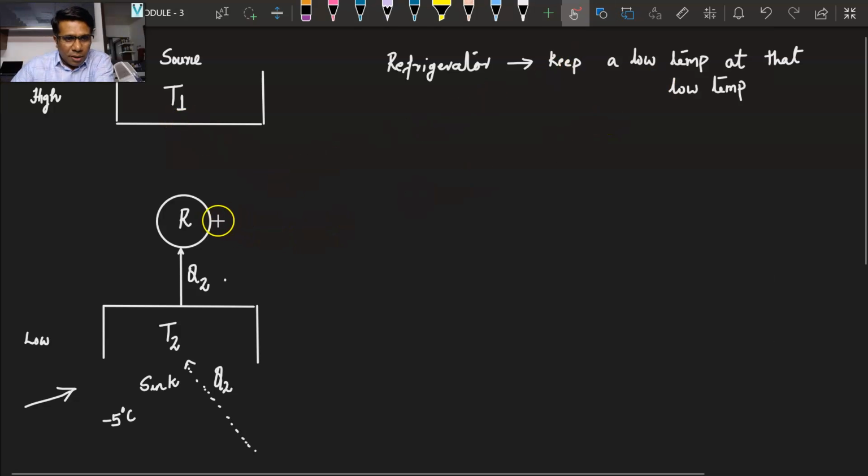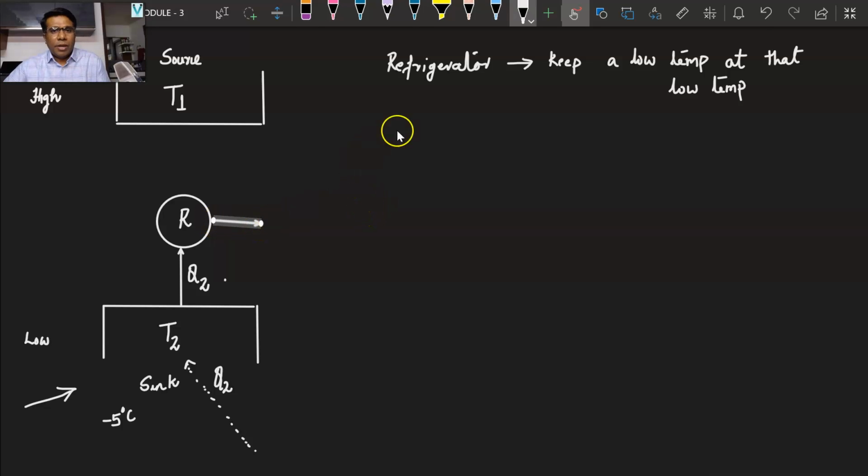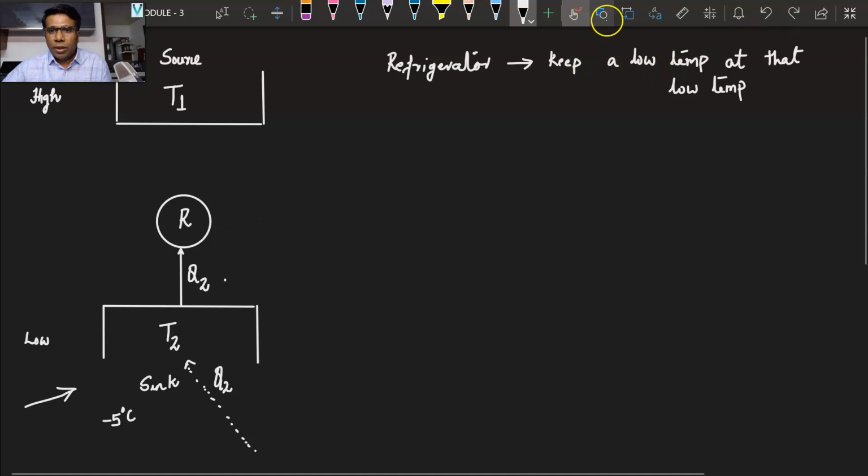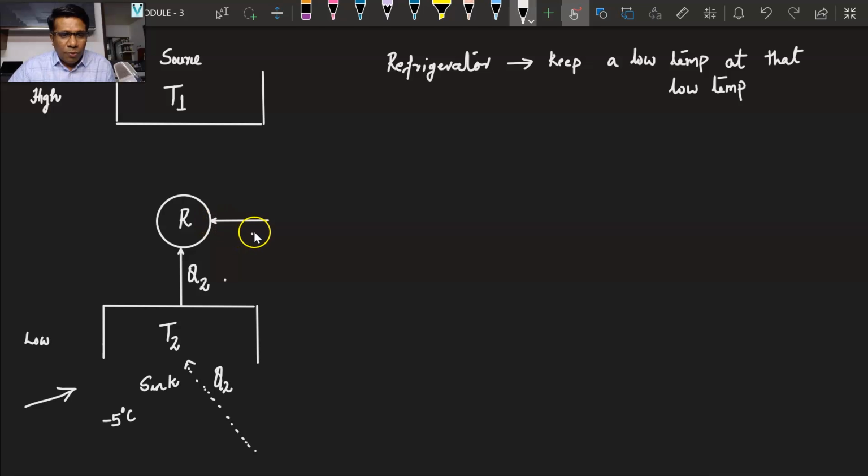Therefore, the refrigerator requires an external work. So I am going to give work over here, which is the input to the refrigerator. That is why the fridge in your house is plugged into electricity, so that the compressor gets some work, because unless you give work, the refrigerator cannot extract the heat from the low temperature space.